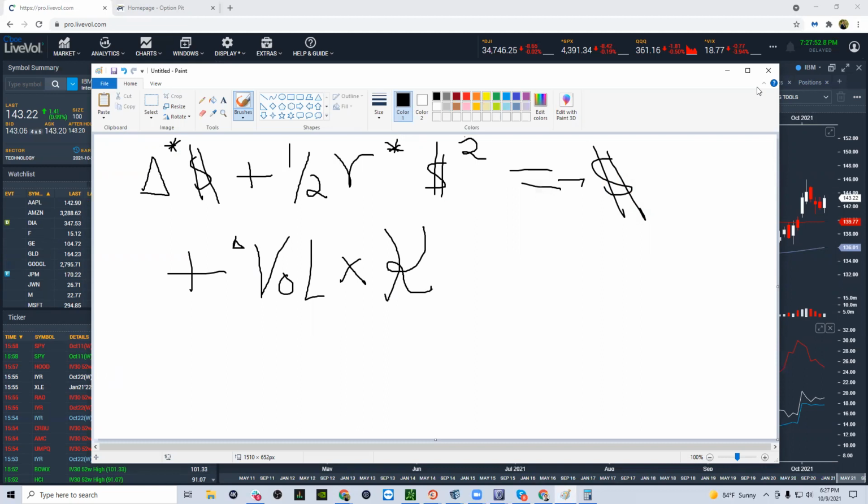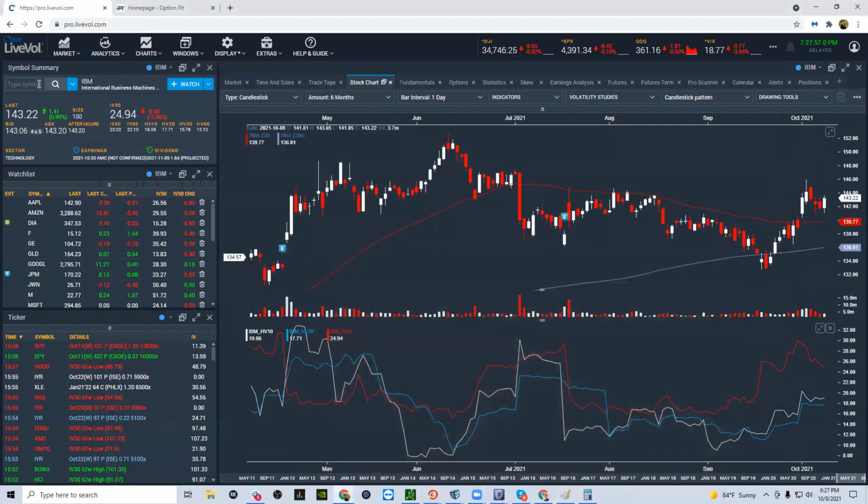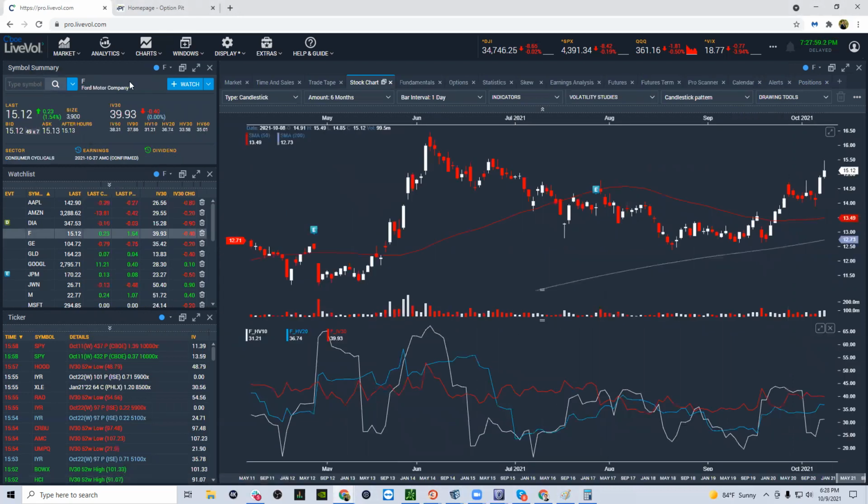I can give you an example. When Ford announced they were going to be doing a big investment on electrifying trucks, it got a big pop. We calculated it's going to be worth about this, and I was actually able to put a closing order in pre-market that was accurate because I knew where my call options would be priced. That's one of the beautiful things. It'll help you price your options pre-market and post-market.